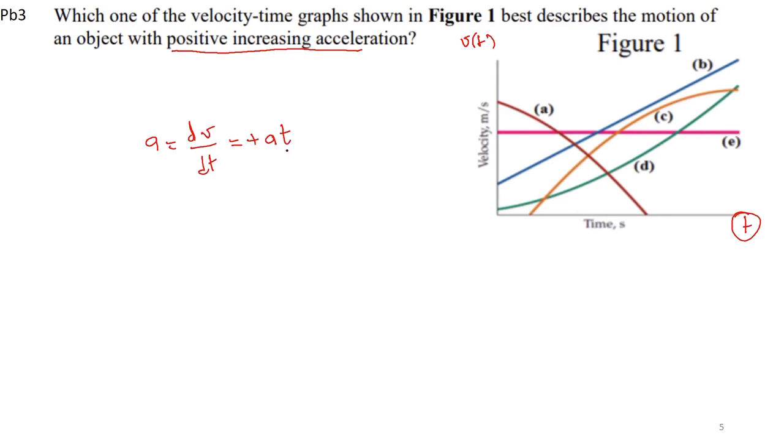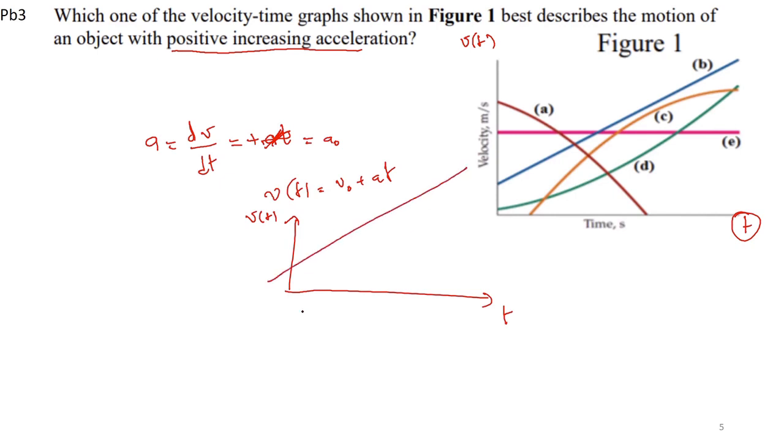If I just said positive and constant, well, you know that if the acceleration is constant, a0, we have a constant acceleration motion. So that means that V(t) is equal to V naught plus at. So V is linear in time, and you are doing the lab right now. You are studying about linear relations, right? So if acceleration is constant, I have a line because this is linear.